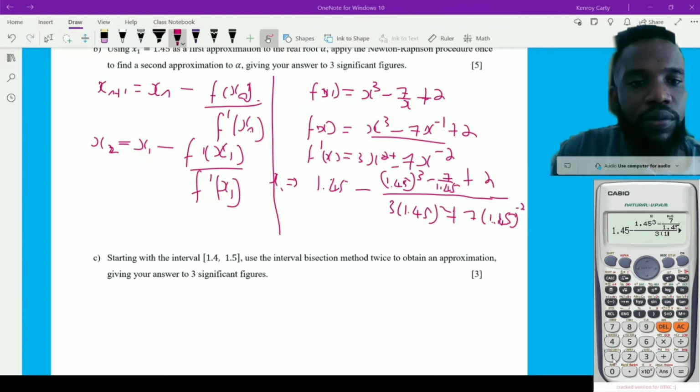Alright, so I'm going to have 3 bracket 1.45, of course this is squared, plus 7 open bracket 1.45, I'm going to raise that to the minus 2.